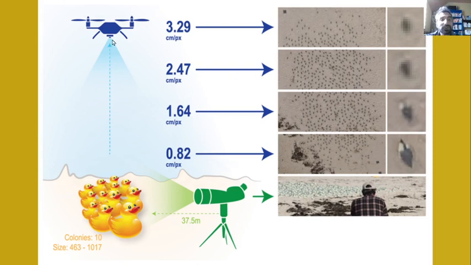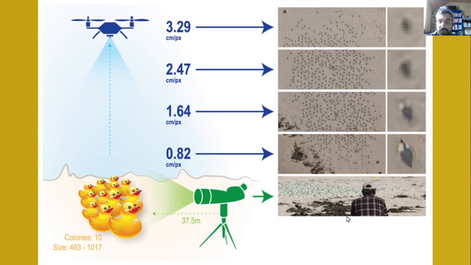And then he also asked his artificial intelligence to count. So guess what was the best? The drone with the AI. It was from 50 to 96% more accurate than humans, even experienced field biologists.